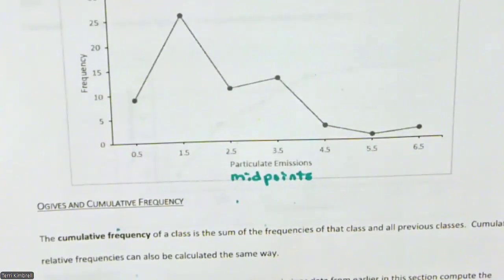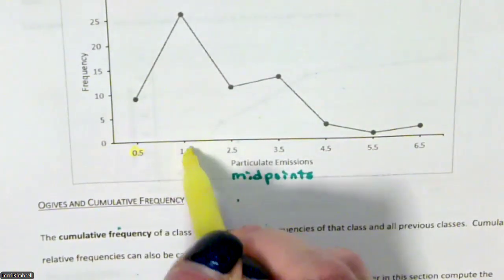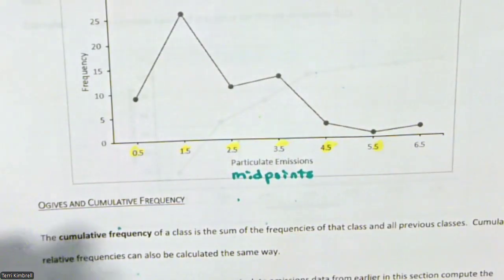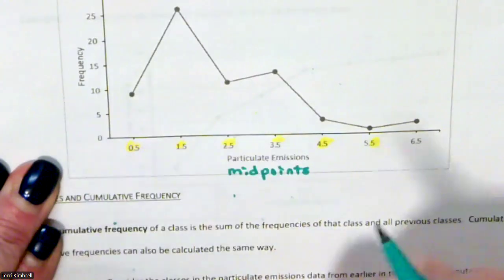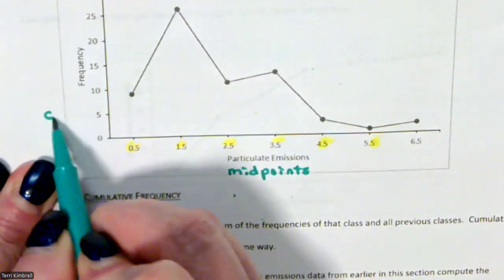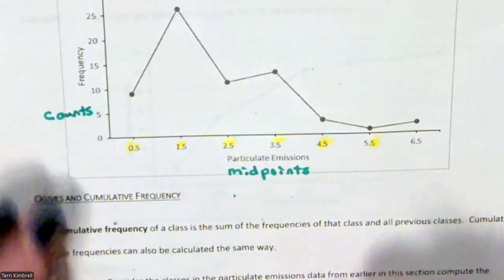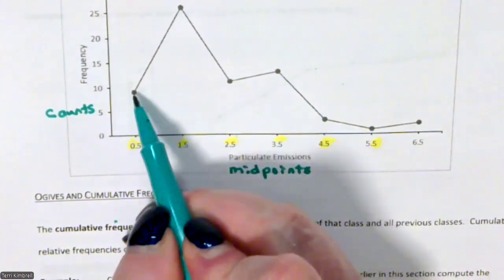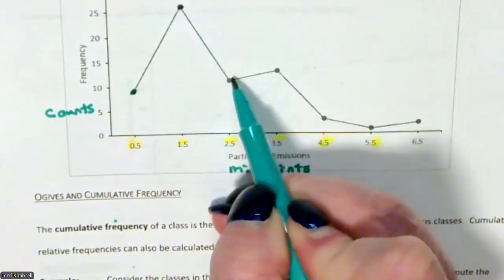So when we go here to this one, this would be our midpoints right here. And this would be counts. So we have our frequency here, which is our counts. Okay. So you can see how you have these dots and then they're kind of connected.